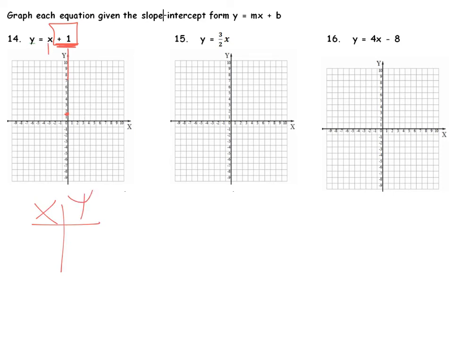When x equals 0, I get 1. When x equals 1, 1 plus 1 is 2. When x is 2, 2 plus 1 is 3. So it's just going up along there. And if I grab my ruler, it's going to look just like that.